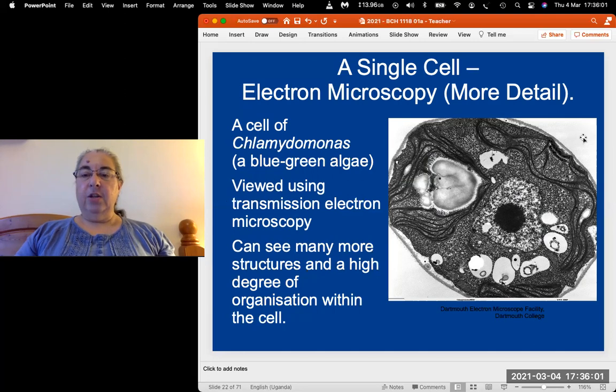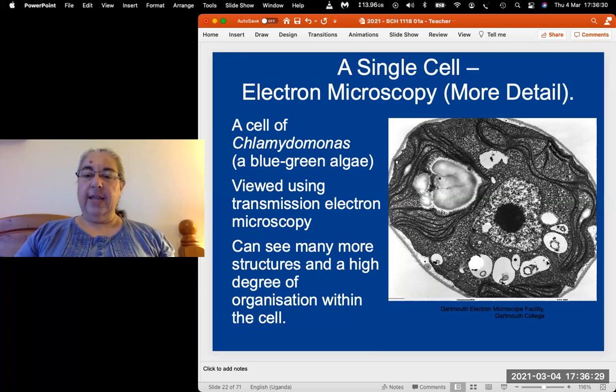We can see lots of structures inside the cell. So here is the nucleus inside the cell, and here is a membrane surrounding the nucleus. Here is another structure which is actually a vacuole, and lots of structures around which are made of membrane.